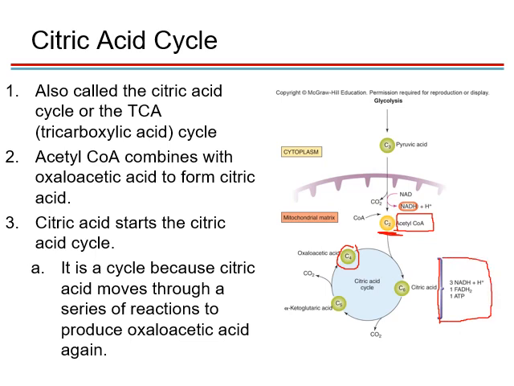Okay, but the start is, we got oxaloacetic acid is a 4-carbon molecule. Acetyl-CoA, 2-carbon. These 2 combine to start the citric acid cycle. When they combine, they form citric acid.